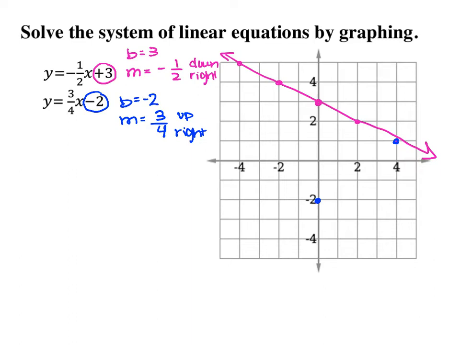Or down 3 and back 4. So again, all we're doing is graphing two lines on the same graph. That's nothing new. The new part is saying, where do they intersect? And if I write my answer as an ordered pair, that is the point where x is 4, right? Along the x-axis, it was at 4, and along the y-axis, it's at 1.